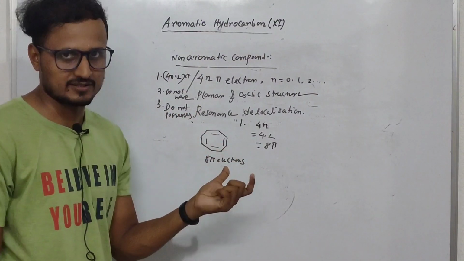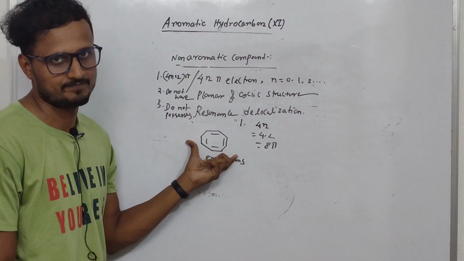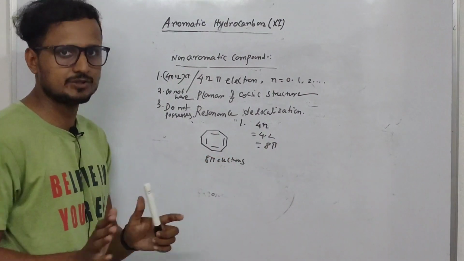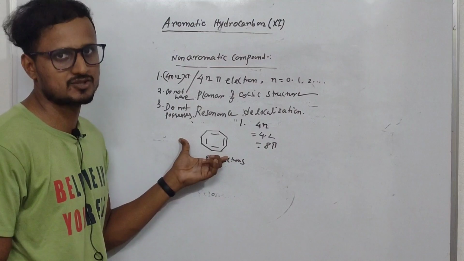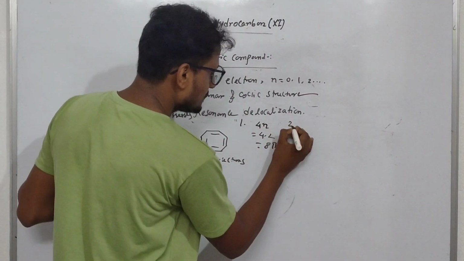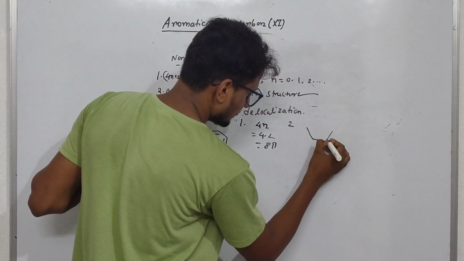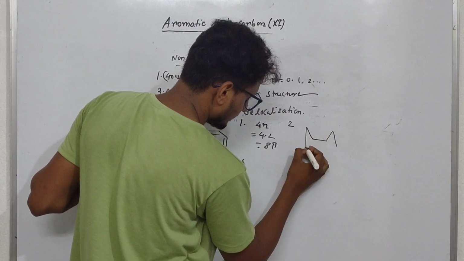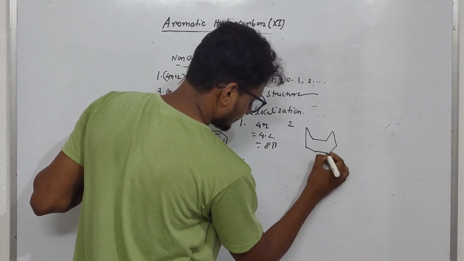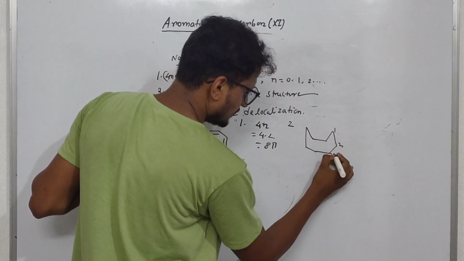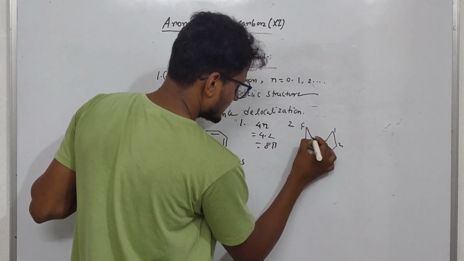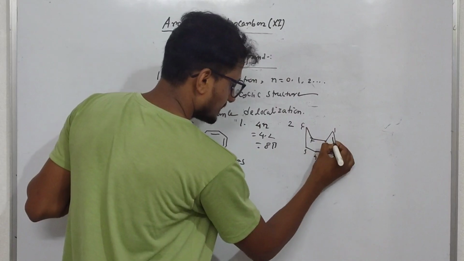Due to angle strain, this compound is not stable. This compound will flip itself to get this kind of structure. One, two, three, 4, 5, 6, 7, 8.